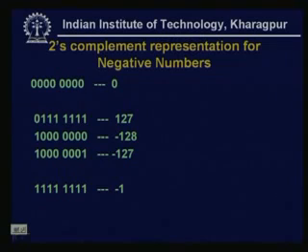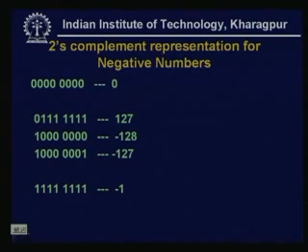Just now we have read how we can compute the 2's complement. Say it is 8 bits: 00000000 means 0, then up to 01111111 means 127.